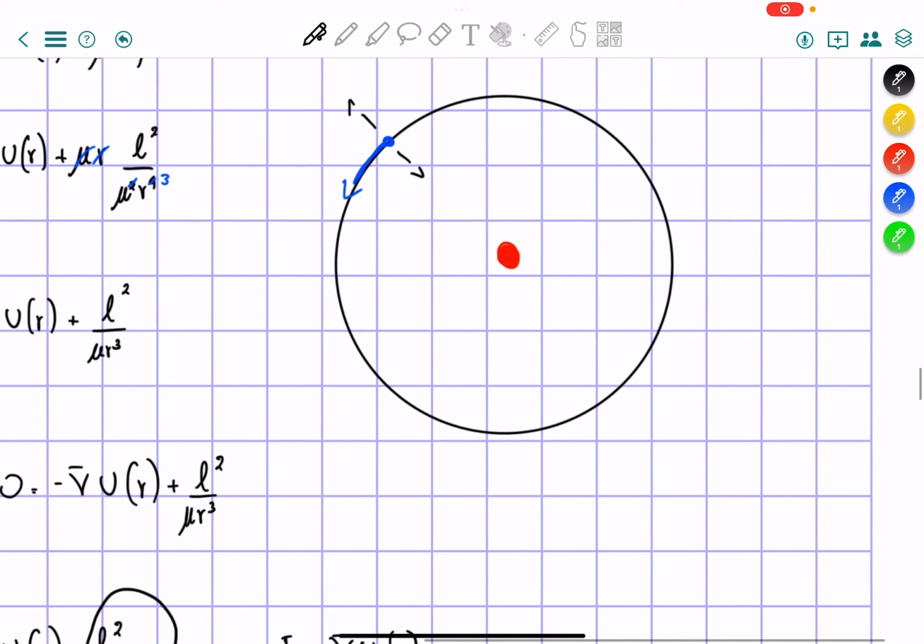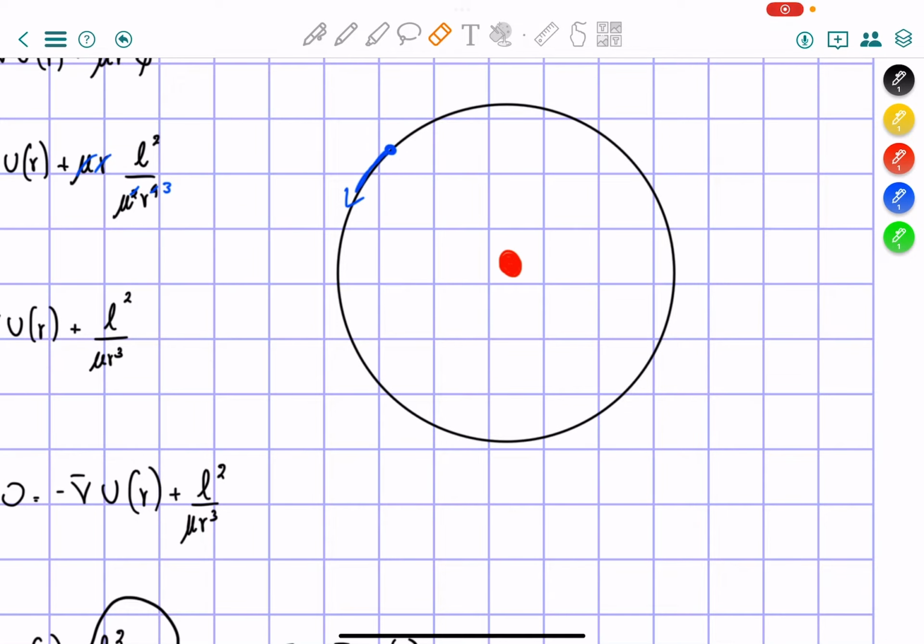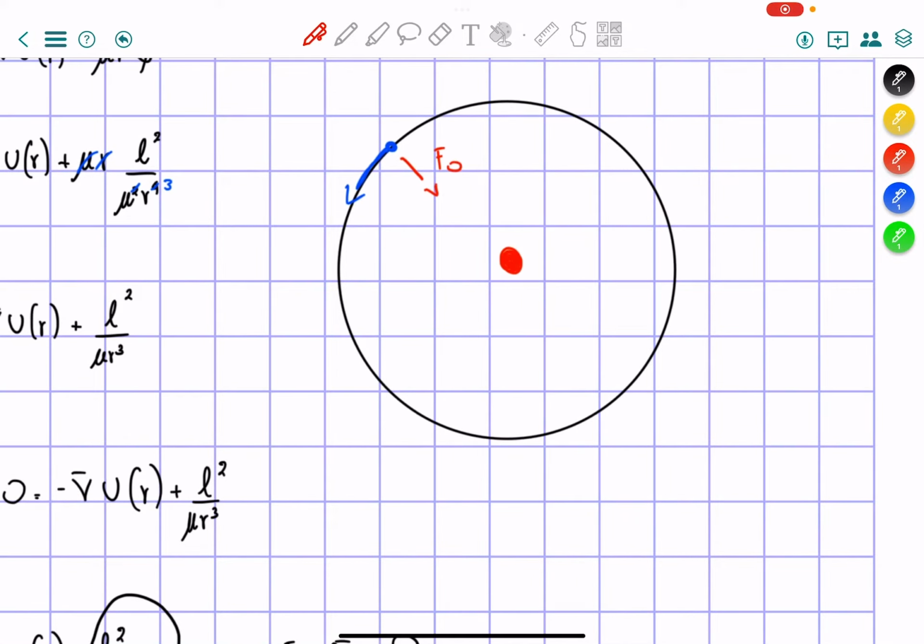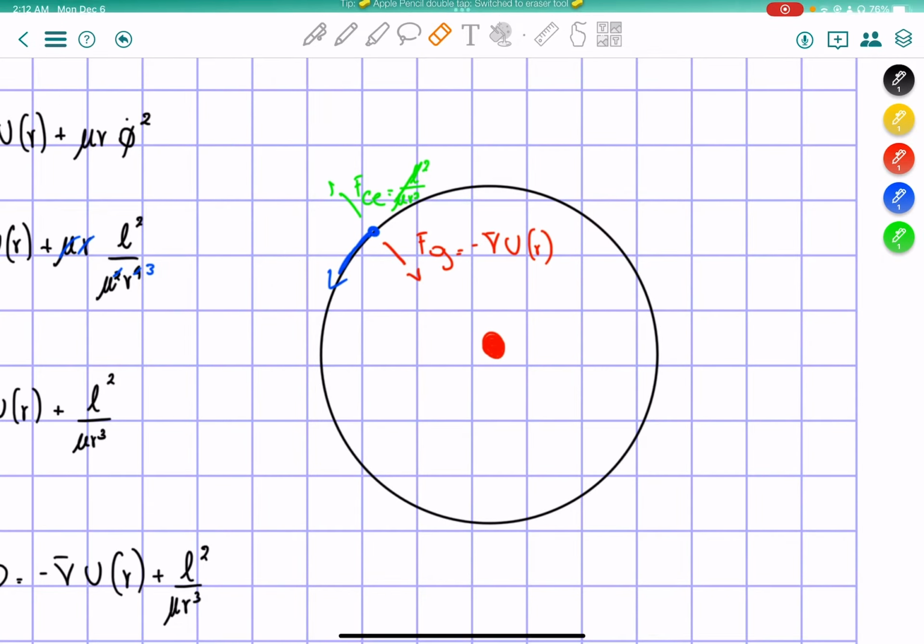Because if we go back here, this arrow that points towards the inside is the attraction force, or the gravitational force. The only thing that keeps it from going towards the center is the centrifugal force. So F of g is equal to negative the derivative of u with respect to r, and our centrifugal force will be equal to L squared over mu r cubed. Now, let me write it better so you can see. L squared over mu r cubed. There we go.